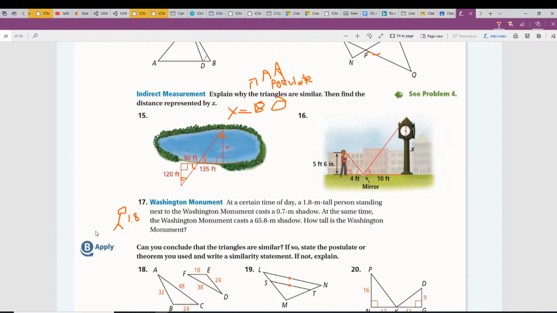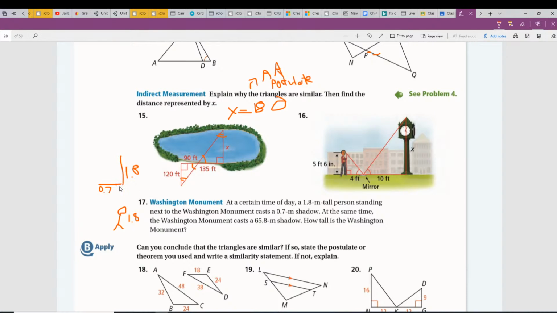It casts a 0.7 meter shadow. So I'm actually going to represent the person as a vertical line, and the shadow should be 0.7, 1.8.